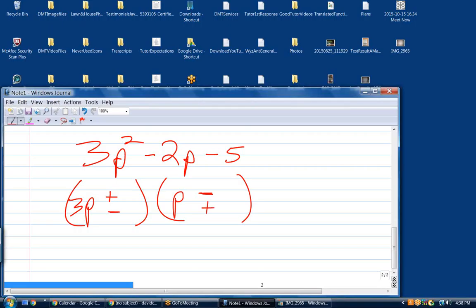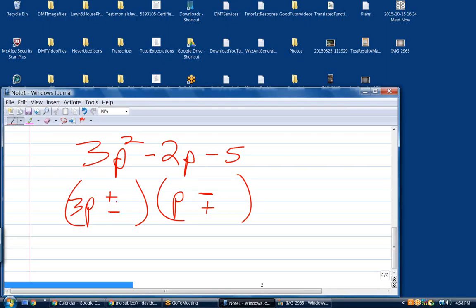You with me? Not really. If this was p squared only, and it was p and p, then knowing that the signs have to be opposite, I could get away with just plus minus, because plus minus is going to be the same as minus plus.